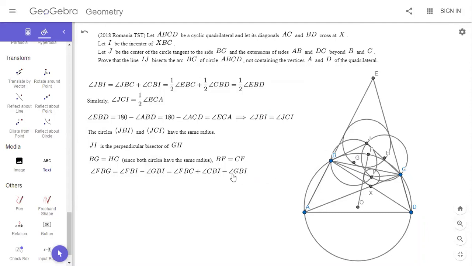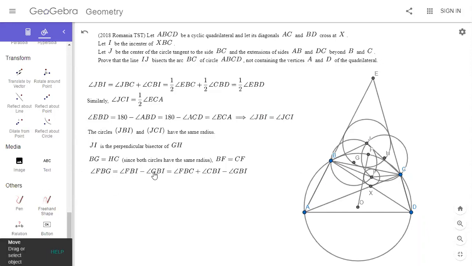Now, how do we get angle GBI? It's twice angle BJI. Yeah, so GBI, we could write that in terms of, yeah, GBI is 90 minus BJI, I think.